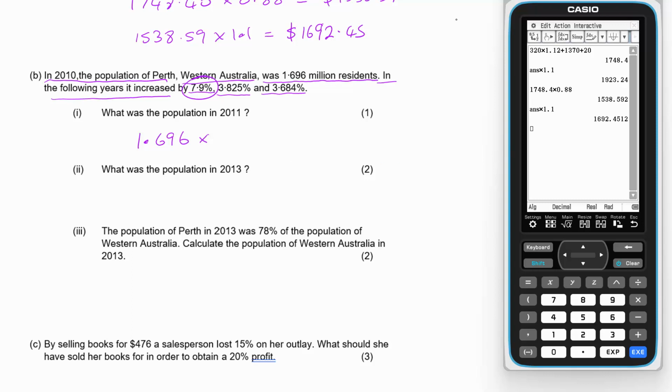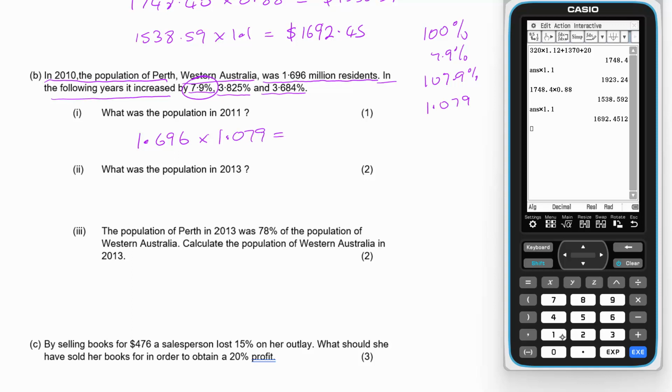So the same sort of thing that we were doing earlier. We consider the 2010 figure, the 1.696 million, to be 100%. It's going to increase by 7.9%, which means it's now at 107.9%, which as a decimal is 1.079. So we're just going to multiply that by 1.079.